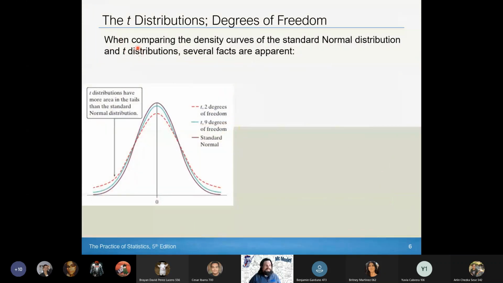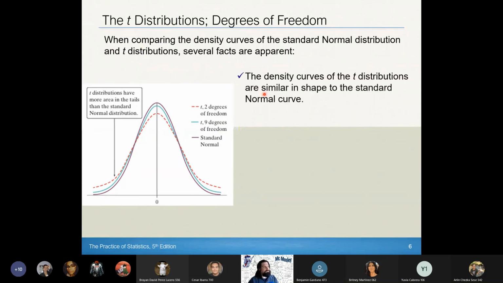So when comparing the density curves of the standard normal distribution and t-distribution, several facts are apparent. The density curves of the t-distributions are similar in shape to the standard normal curve. We have the standard normal curve here as the tallest and most narrow curve on this page. The other two curves are t-distributions, one with 2 degrees of freedom, one with 9 degrees of freedom.